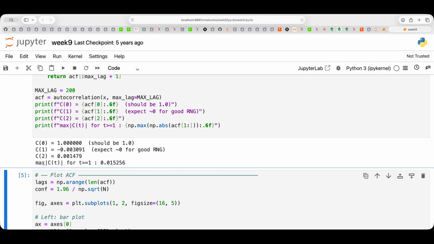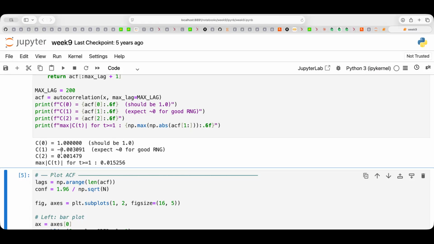And there, what you want to calculate then is also the max value when t is larger or equal to 1. So remember that what we tested previously in that example code, which we ran before the break, you saw that the autocorrelation function was 1 when t was equal to 0, which you get. And then you want these values to drop quickly to 0.